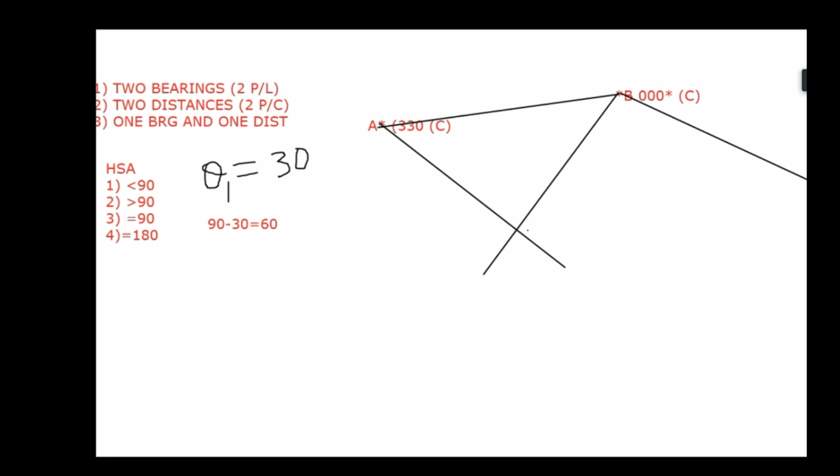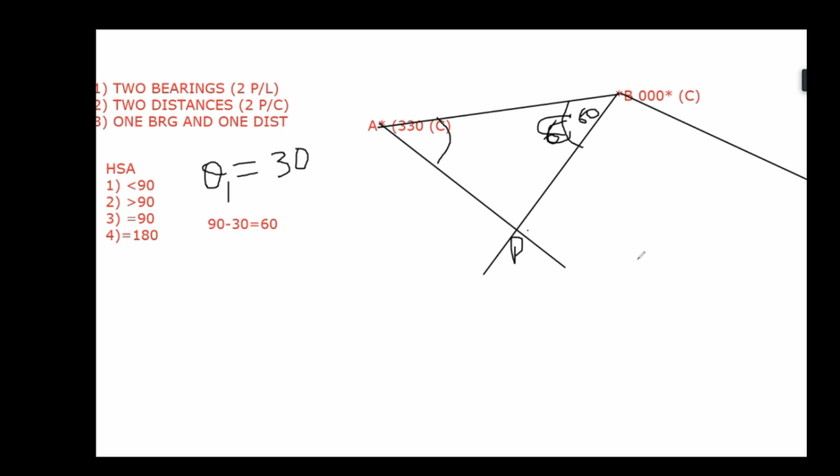So we have put the protractor at points A and B and drawn angles of 60 and 60. These two lines will intersect at a particular point, suppose point P.